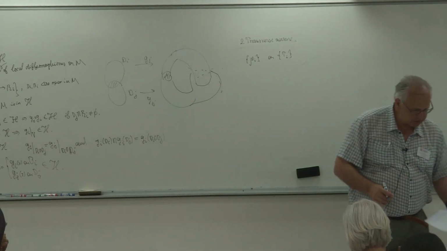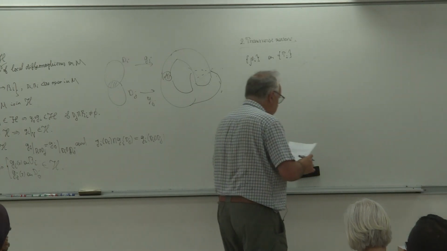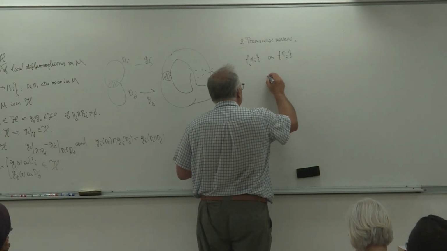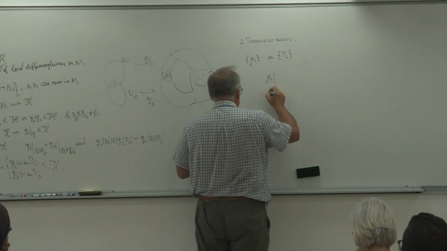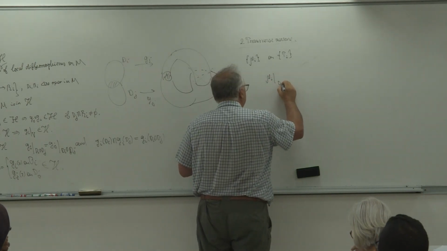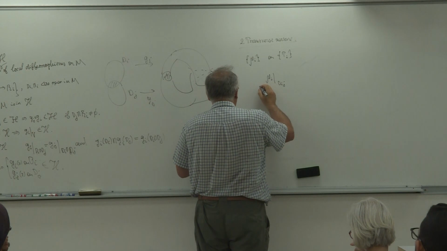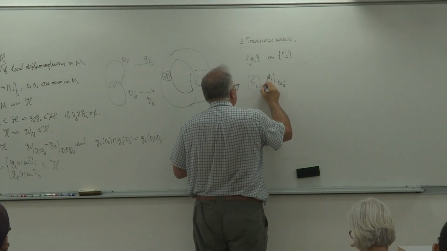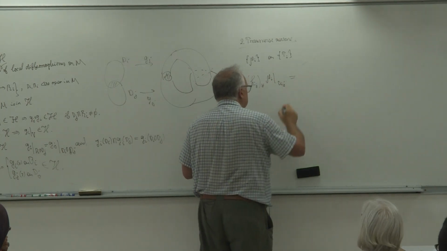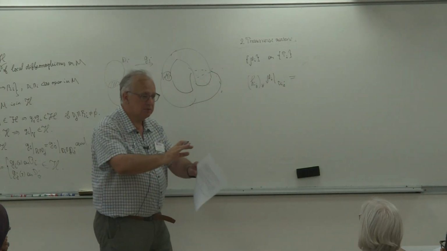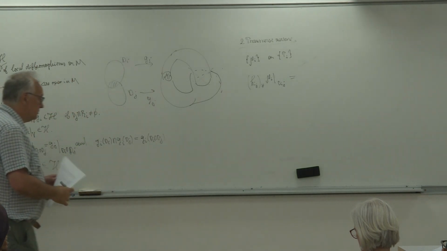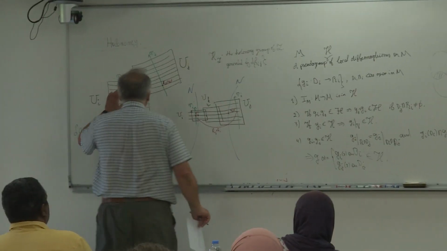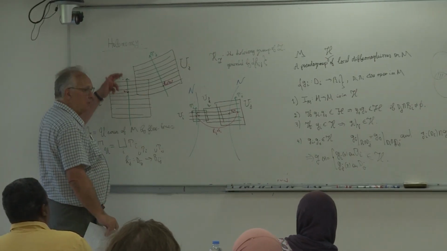So the condition is that if you take mu I and you restrict it to this Dij, where Hij is well defined, you push forward this measure. Look, you have a measure on the whole Ti.